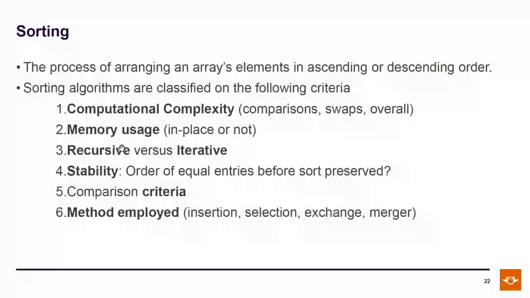They can be built in recursion or loops, and they can be stable or unstable. Now, what that means is if you've got items with the same value, do they wind up in the same relative positions after the sort? So it's basically just about handling things that are tied. You were sorting all the students based on their marks. Now, a whole bunch of people might get 90%, right?